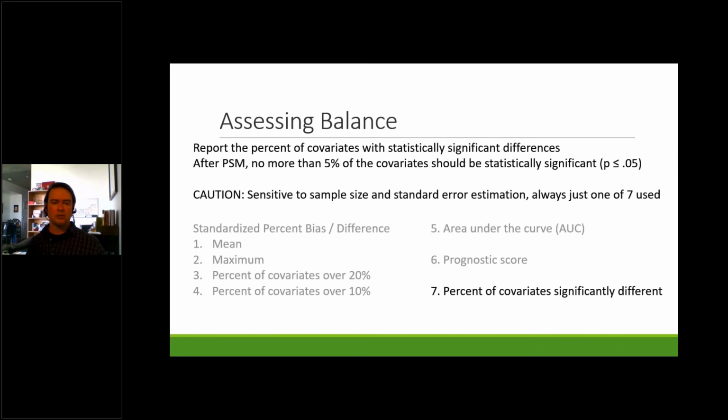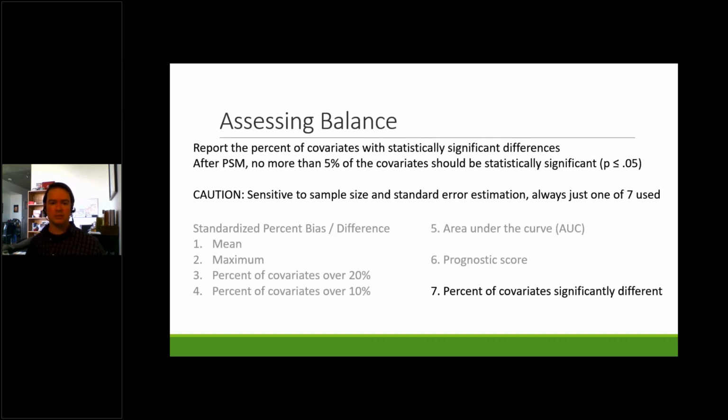Lastly, using the Neyman-Pearson approach to interpreting p-values, the null hypothesis significance test, or NHST, you can examine the percent of covariates with statistically significant differences. And this is kind of what I was speaking to with the previous question before. After PSM is applied, no more than 5% of the covariates should be statistically significant, which is similar to a successful RCT.